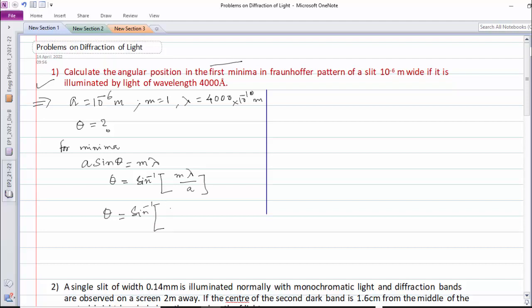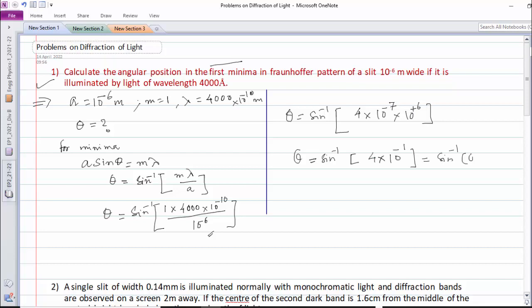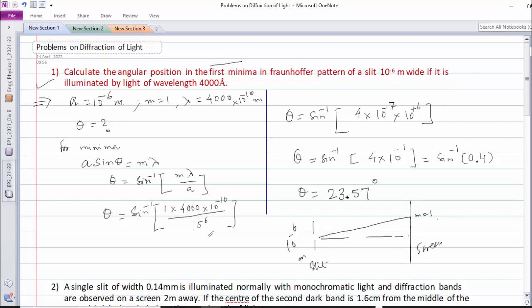Now putting all these values and solving, we will get sine inverse of 0.4. So this is the final answer. This is the angular position where we will see the first minima, and this angle we have just found out, that is 23.57 degrees.